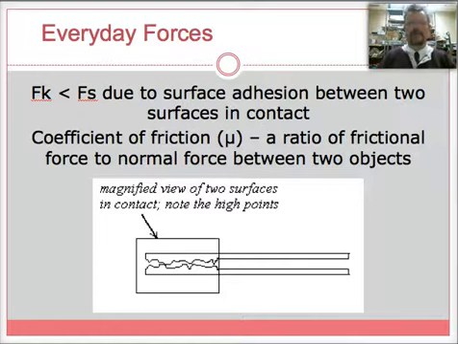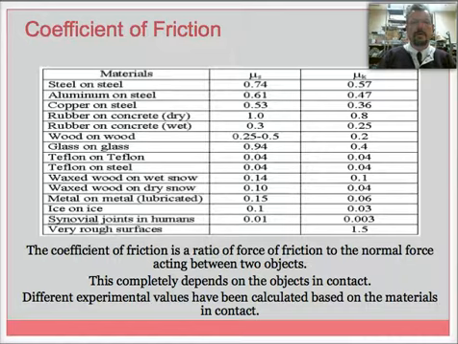The coefficient of friction is a ratio of frictional force to normal force between the two objects. And you can see a magnified view of the two surfaces coming in contact with one another. There are various coefficients of friction available online as well as in the notes.